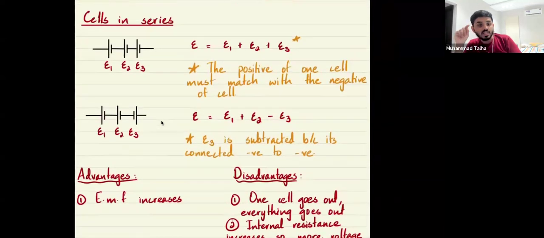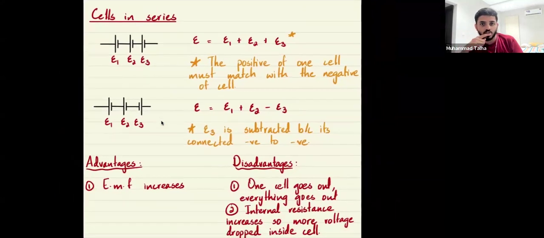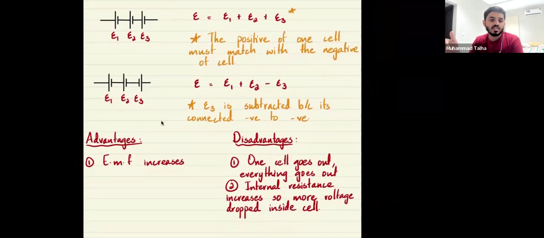Okay, this is cells in series. Now look here. The only advantage of connecting cells in series is that the EMF adds up. But then there are certain disadvantages as well. Just read through these.